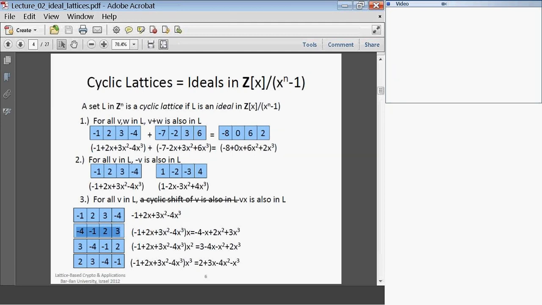Divide this polynomial, and I'm sure you remember from high school algebra how to perform polynomial division: you simply add a term to make sure that at the top you have x to the power of 4 minus 1 multiplied by some factor, and then you add a certain term and then you subtract a certain term. After that operation, what you will get is the coefficient corresponding to the cyclic shift within that vector.